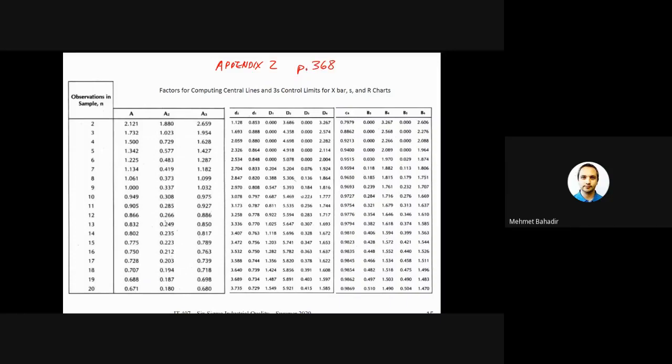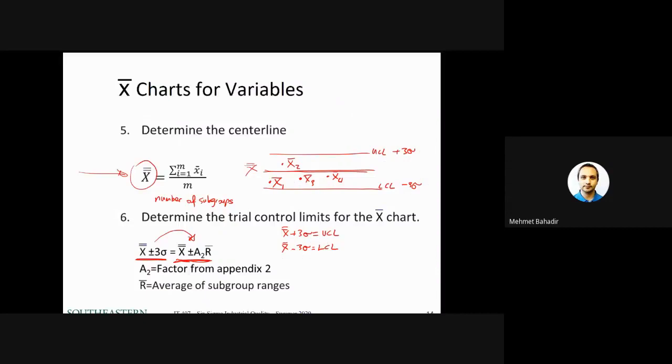If you open that page in your book, you're going to find the same chart in your textbook. As you see, you have your column for A2, which is used in that formula. So X double bar is a parameter that we are going to calculate. A2 is a factor that you will find from the chart.